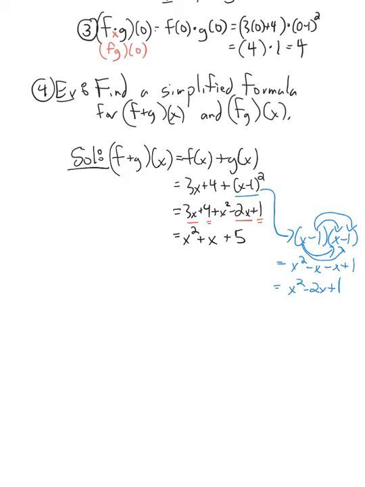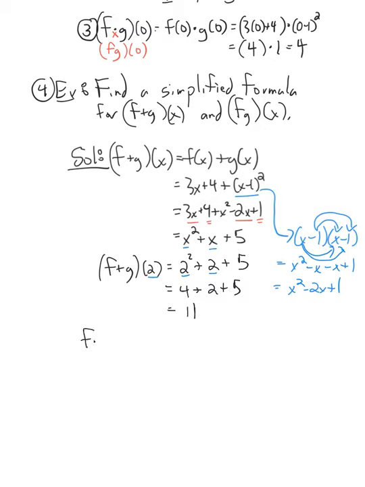And you can check, just to see how this works. Remember, f plus g of 2 was 11. So let's see if we get the same answer. So we get 2 squared plus 2 plus 5. Remember, this is our x, right? X is 2, so wherever we see an x, we put in our 2, which is 4 plus 2 plus 5, which is, of course, 11. So it works the same.